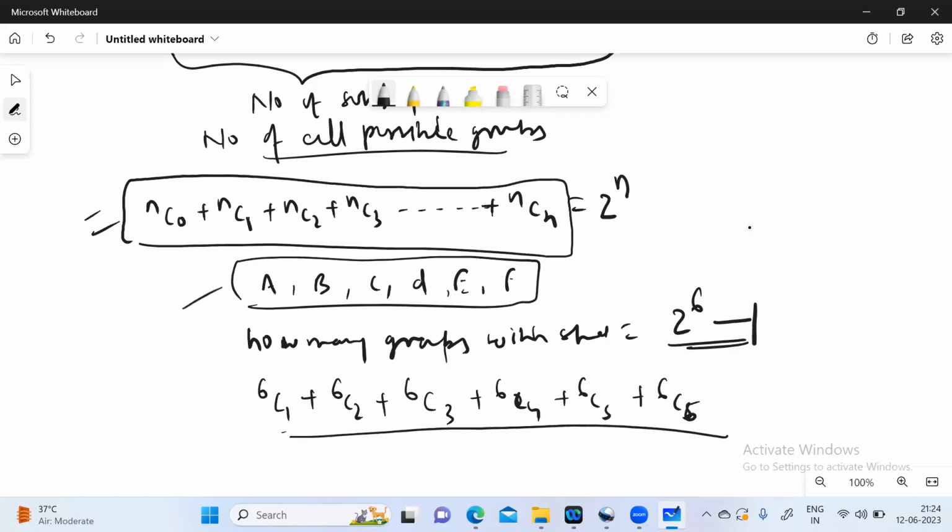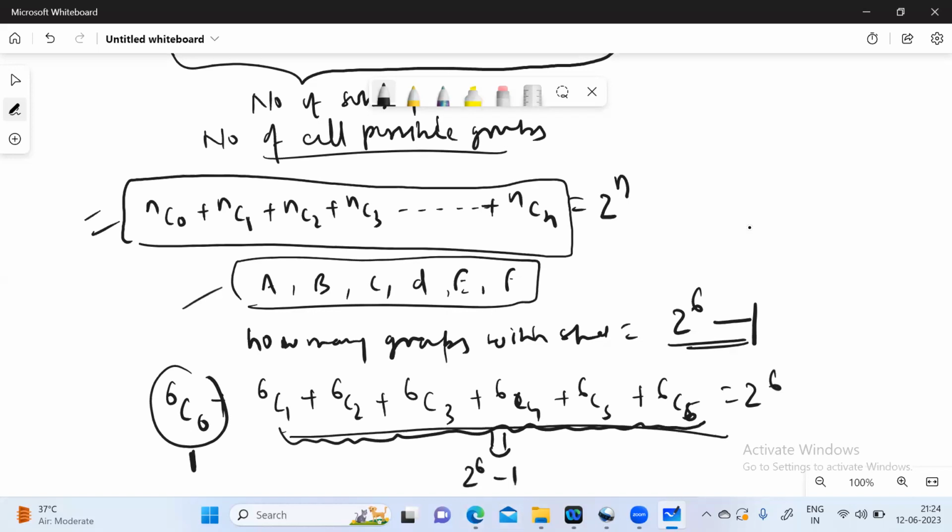But we ignore this calculation. Rather, we calculate the entire number of groups including the empty group, which is 2 to the power 6, and the value of the empty group is 1 only. So if you want to calculate these numbers only, it will be 2 to the power 6 minus 1. Did everyone get this point?